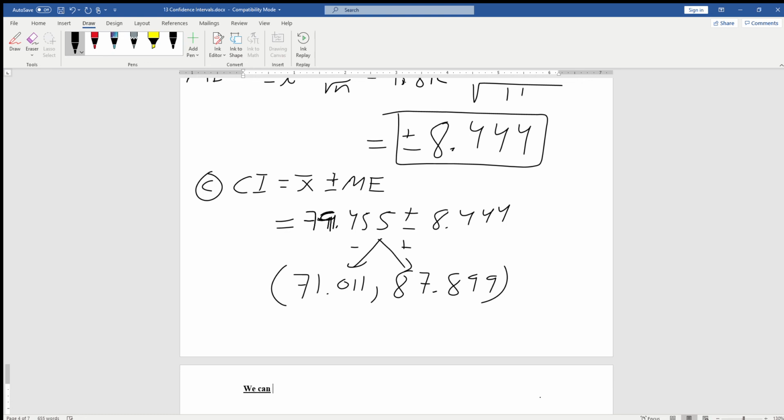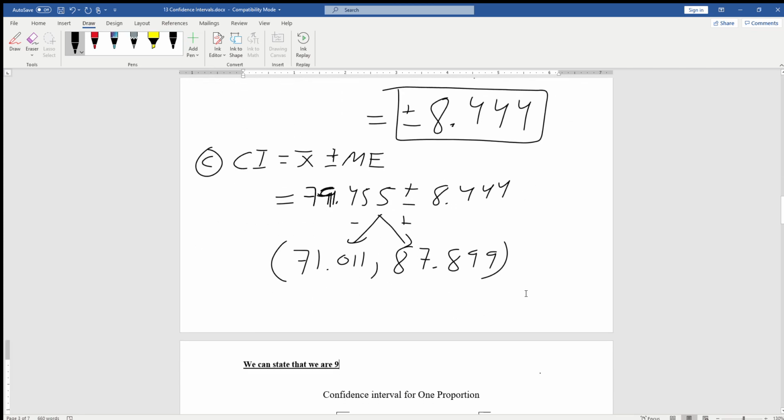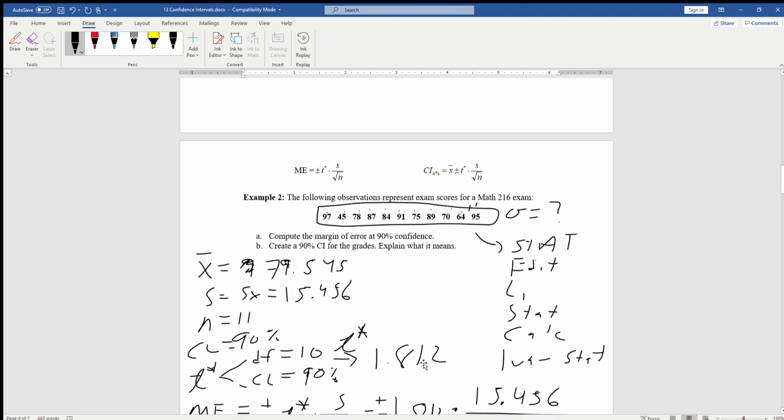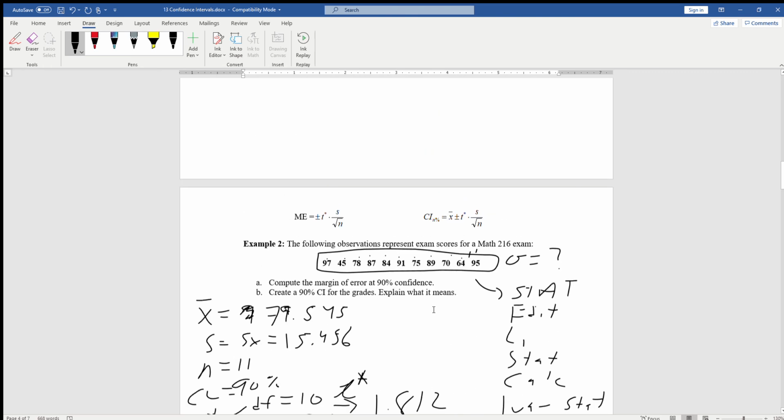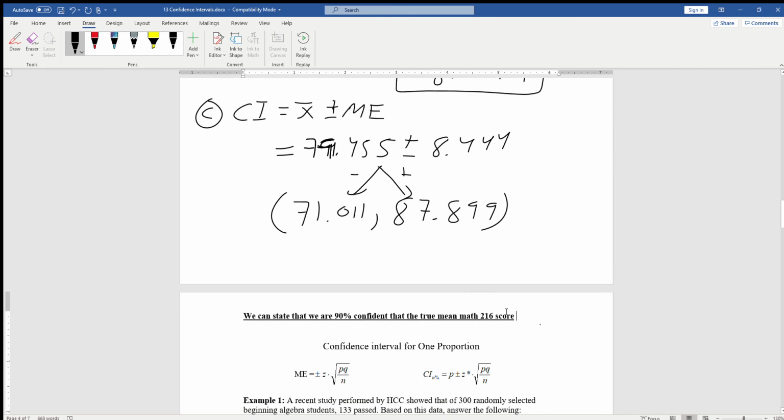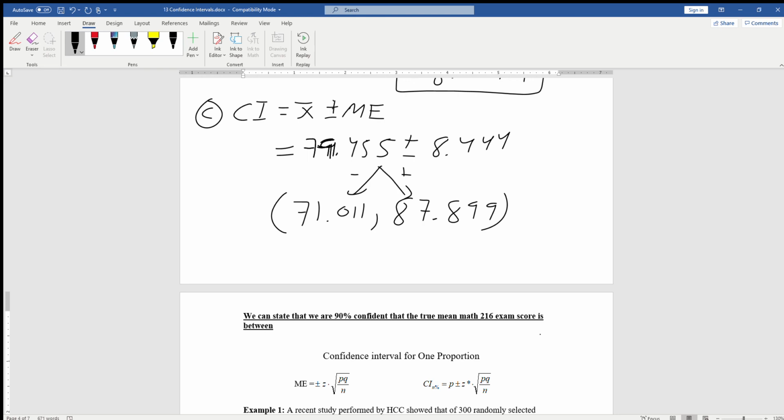So we can state that we are 90% certain, or 90% confident, that the true mean Math 216 exam score, if we go back up here, is between 71.011 and 87.899.